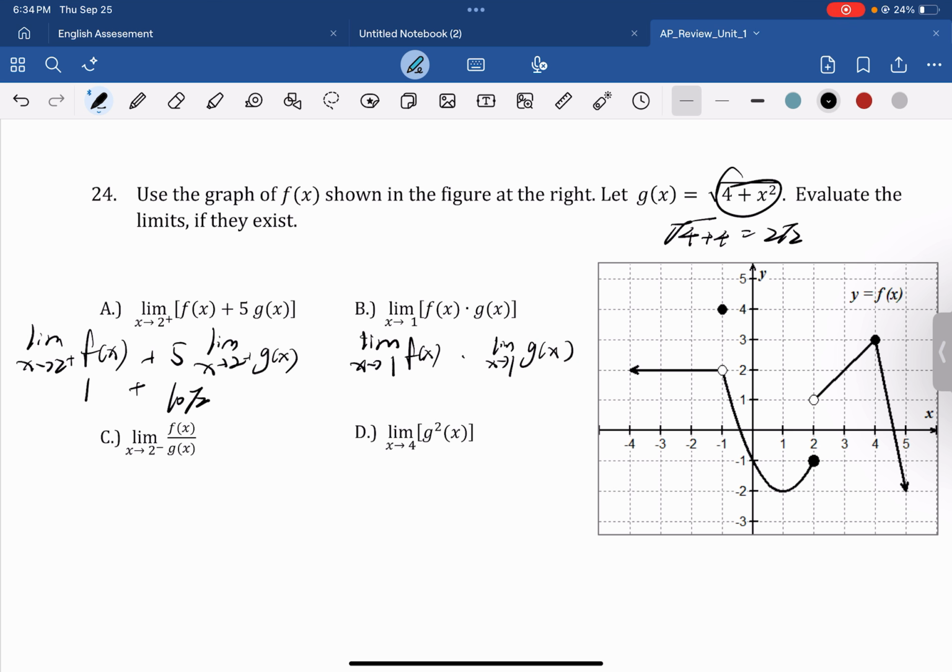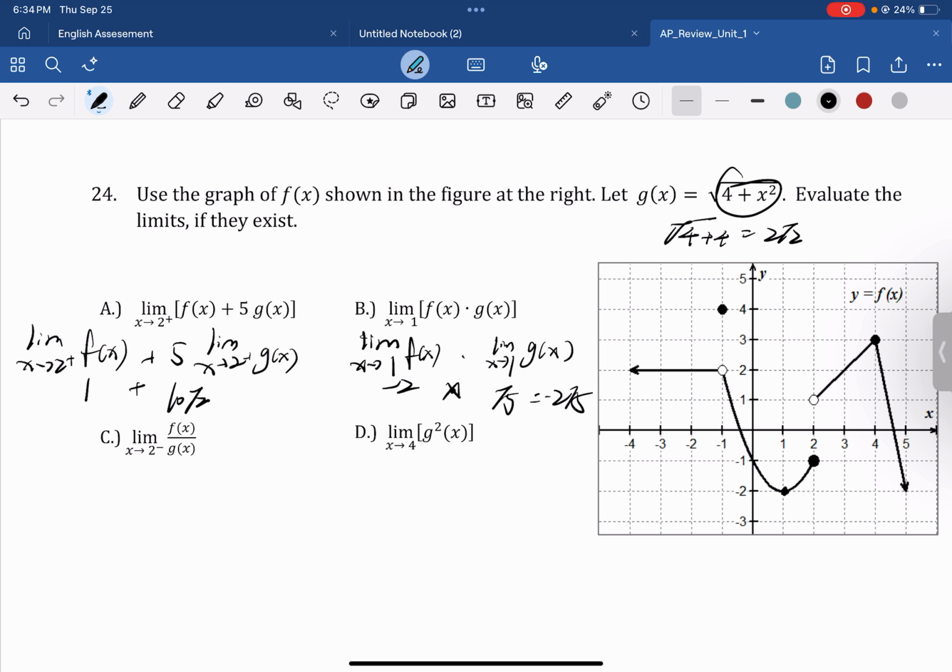If the function is continuous, we just find the point f of 1. So it basically goes to -2 for f of x. So it's -2 times the limit as x approaches 1 of g of x. So for g we got the square root of 5. So multiplied together, it's -2 root 5.